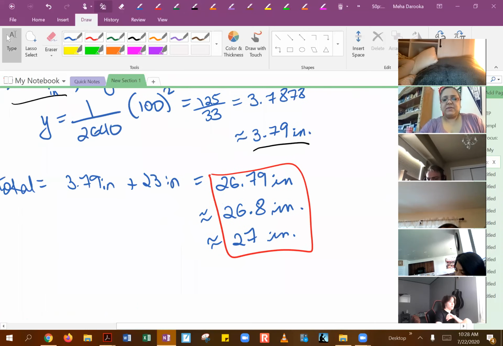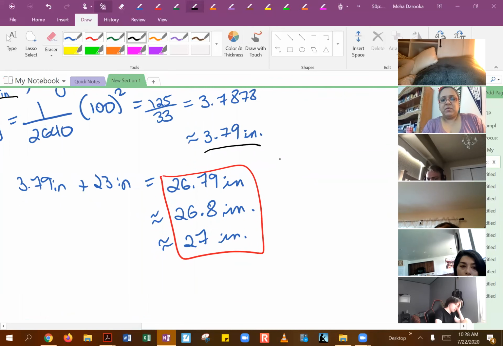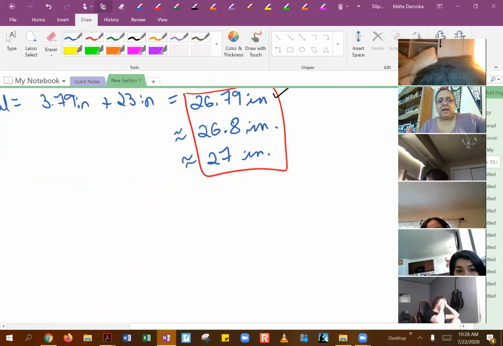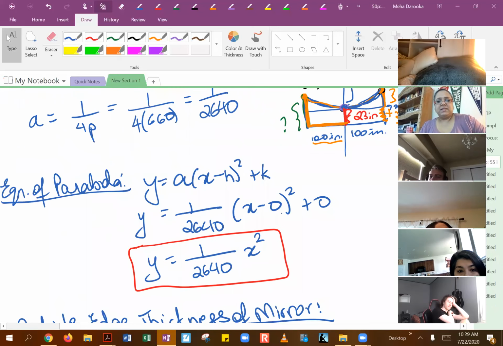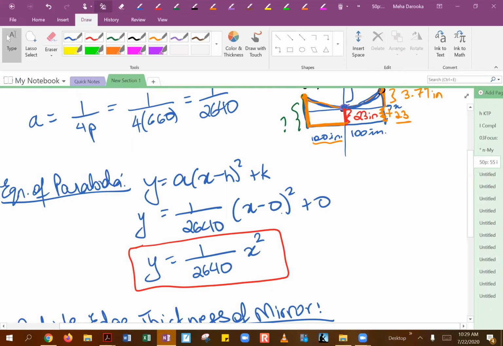And then adding that to 23 inches, you can of course see we were able to come up with that outside edge thickness of our mirror. And we're saying approximately 26.79 or whatever rounding they want us to use. And that's basically how you come up with the equation for these parabolas on a telescope.